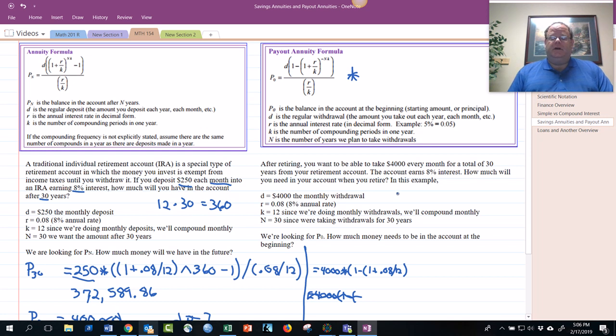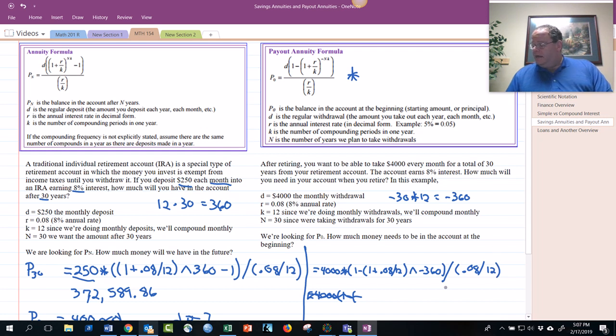So again, it's 30, it's negative this time, 30 times 12, so that's negative 360. So put in my exponent symbol, negative 360, okay, close parenthesis. Now we've got our fraction bar, so divide, open parenthesis, 0.08, divide by 12, okay?